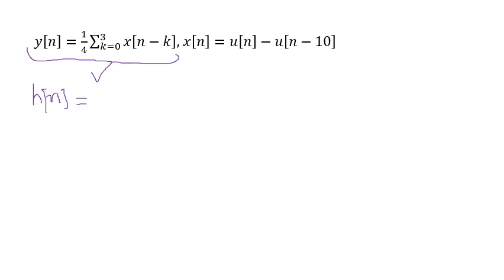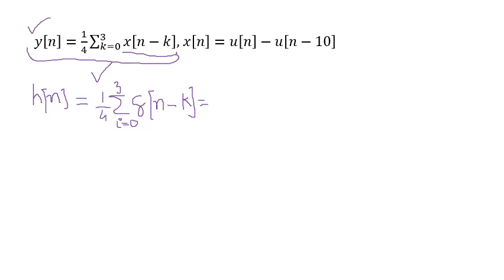So that means we replace the output y of n by h of n, and we replace the input by an impulse, because this is the definition of impulse response. So x of n will be replaced by the impulse, that is delta of n minus k.